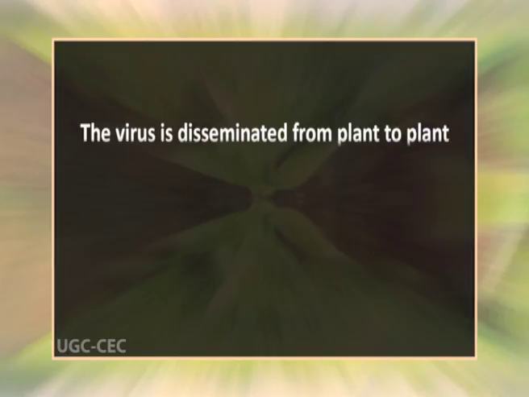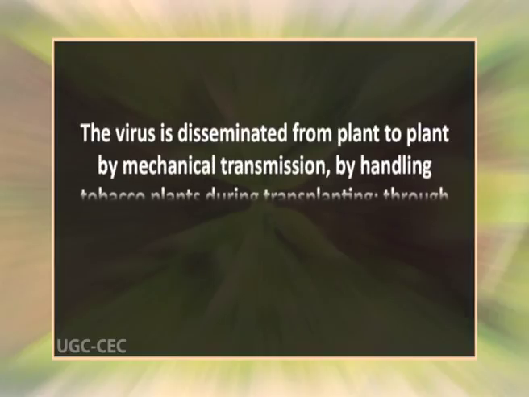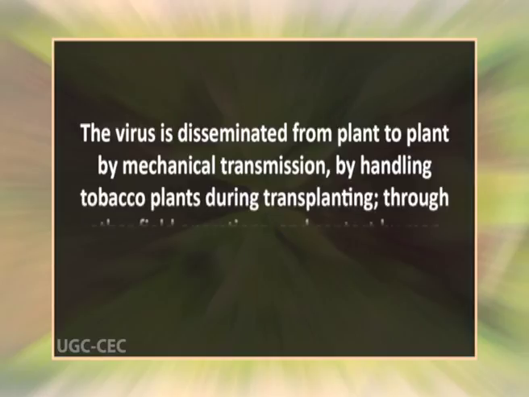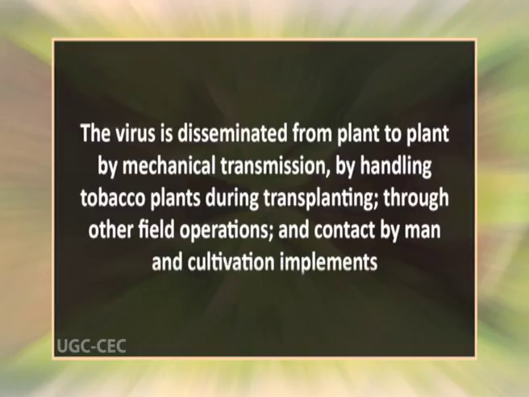The virus is disseminated from plant to plant by mechanical transmission, by handling tobacco plants during transplanting, through other field operations, and contact by man and cultivation implements. The virus enters the host tissue, multiplies very rapidly, producing disease symptoms.